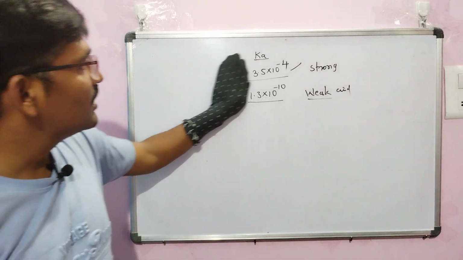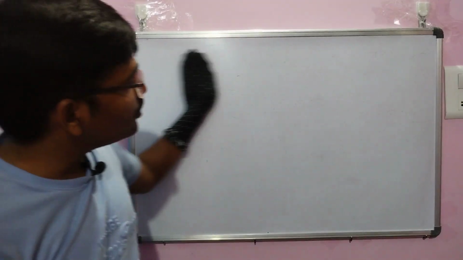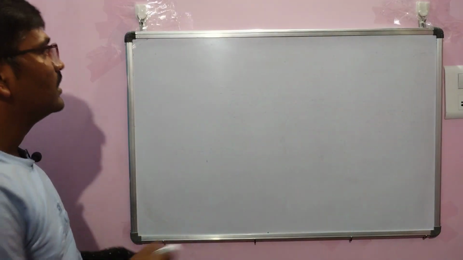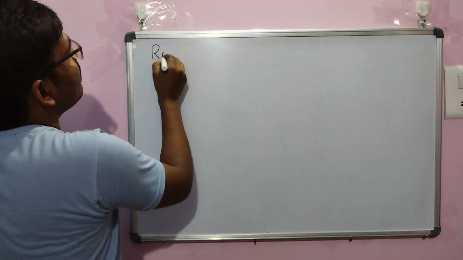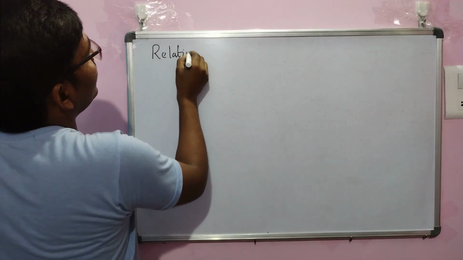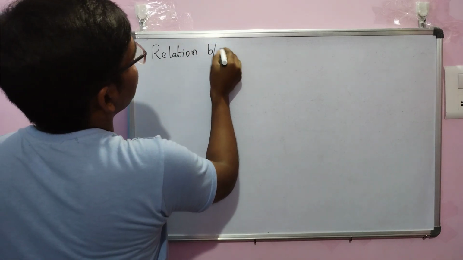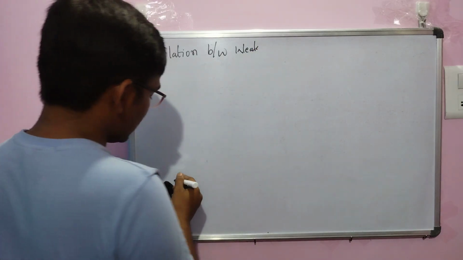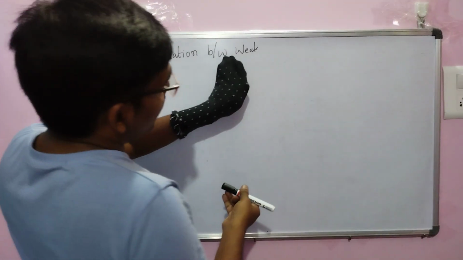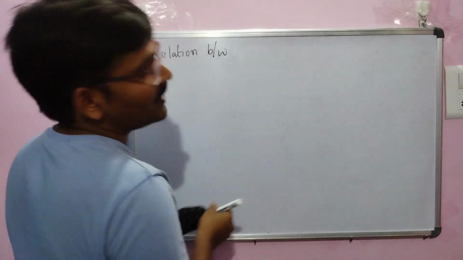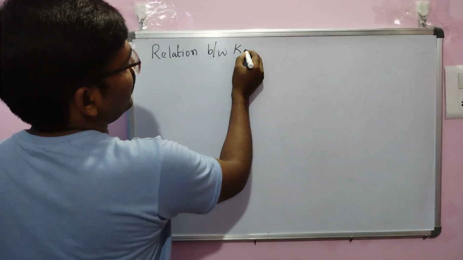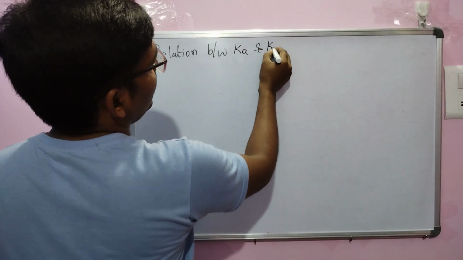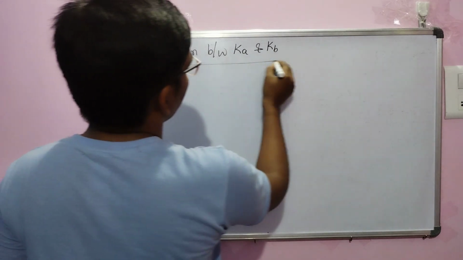Understand, I think? Yes. Now we are going to discuss the relation between the ionization constant of a weak acid, that is Ka, and Kb, the ionization constant of a weak base.